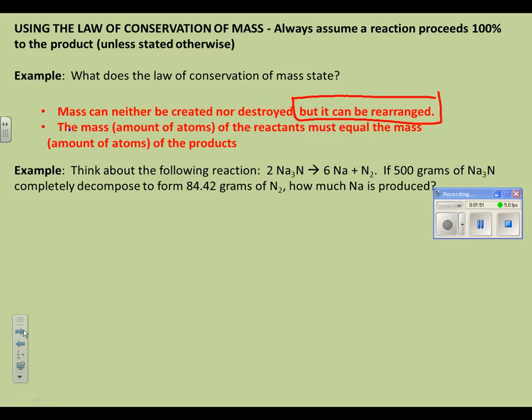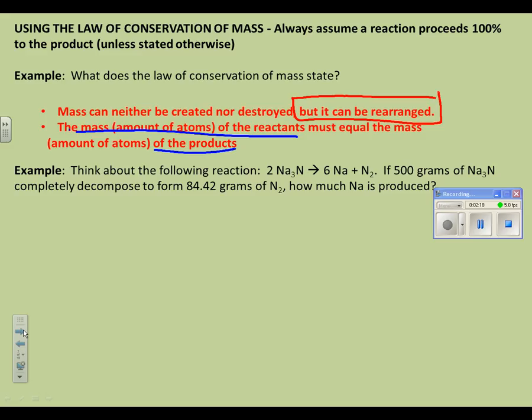Now, a lot of people seem to take this for granted. We'll give you a very simple question like the next one, and they think they've got to do some real hardcore stoichiometry and some real difficult dimensional analysis, when really it's just a basic algebra math problem. So in the example problem, 2 sodium nitrides yields, or decomposes into, 6 sodiums and 1 diatomic nitrogen.